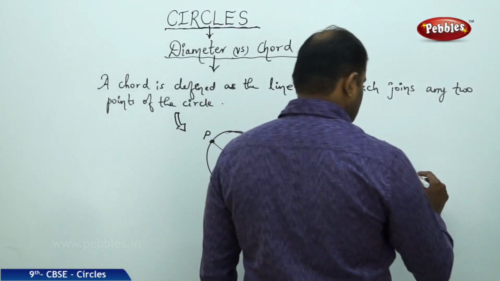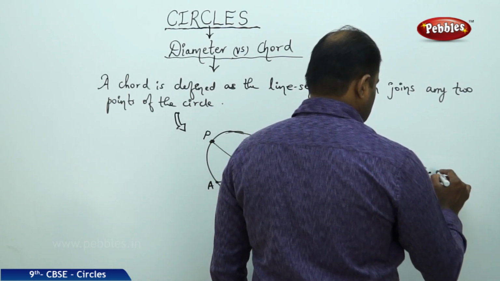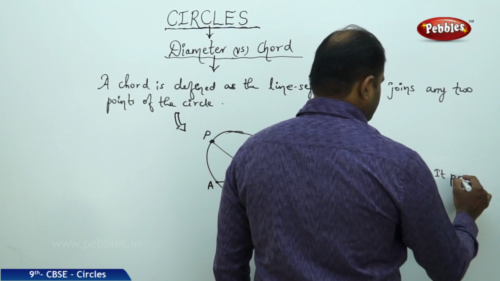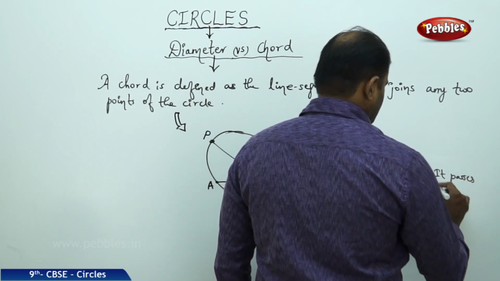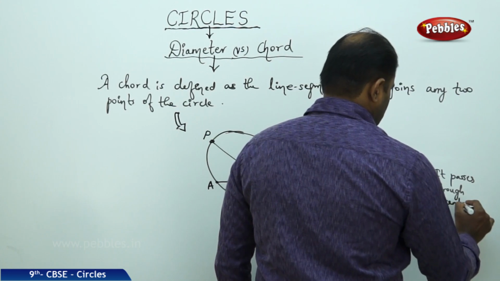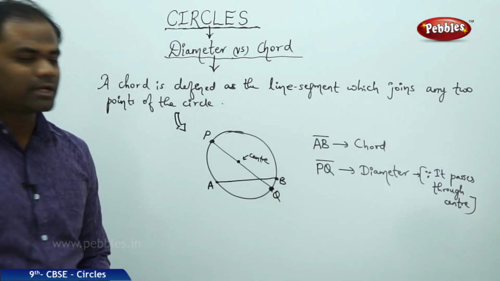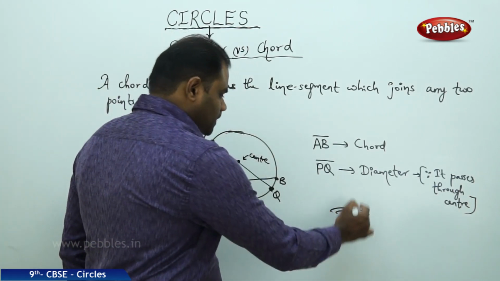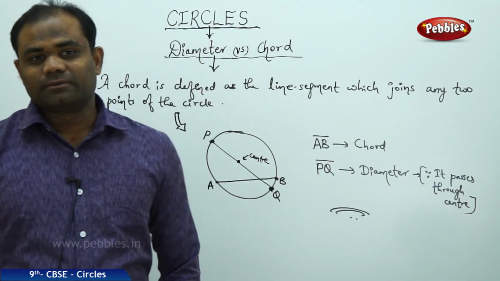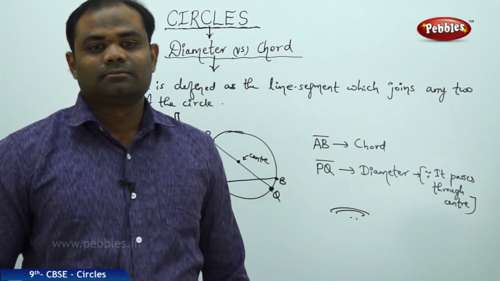Simply, since it passes through the center is how we understand the chord connected with the diameter, or a diameter connected with the chord.